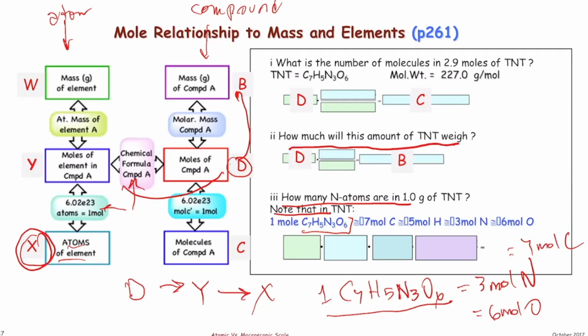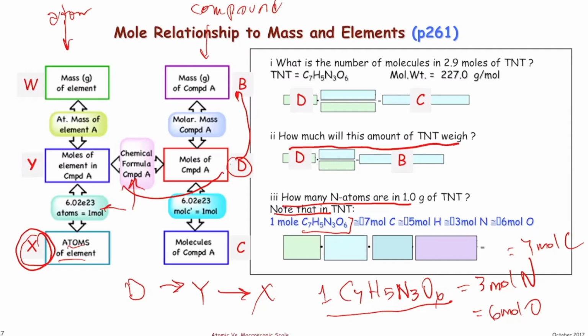That's because if I have 10 C7H5N3O6, if I have 10 of those, then I have 7 times 10 carbon. I have 3 times 10 nitrogen. Okay, if I have 1 mole of C7H5N3O6 TNT, then I have 3 moles of nitrogen.